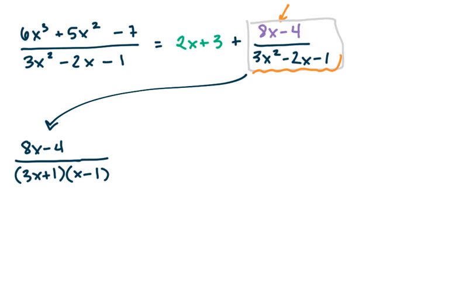So this denominator factored into these two linear factors here. All right, so now I will set this up as my sum, and I'll say A over 3x plus 1 plus B over x minus 1.